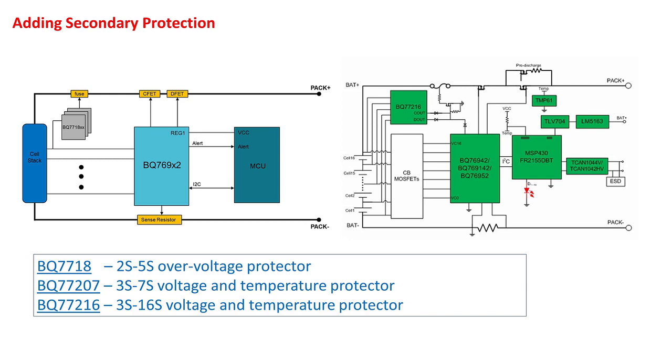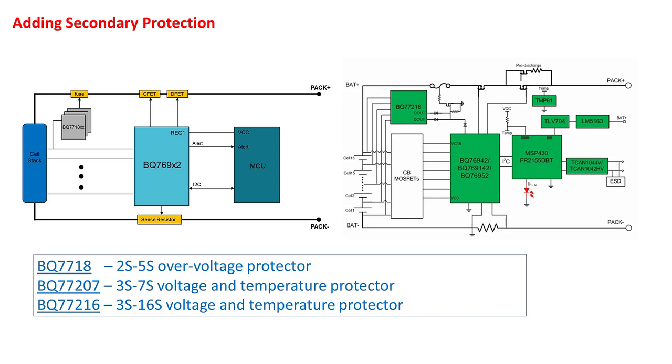Here we list a few of the common secondary protectors used with the BQ769X2 family. The BQ7718 is an overvoltage protector that can support up to 5 cells, but can be stacked as shown in the image on the left. The BQ76952 and BQ76942 evaluation modules are example boards that use multiple BQ7718 secondary protectors along with the BQ769X2.